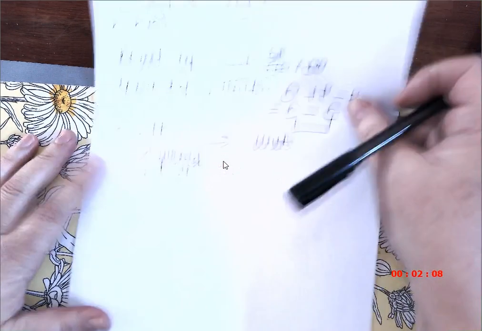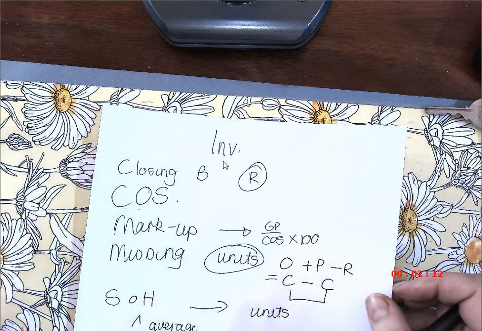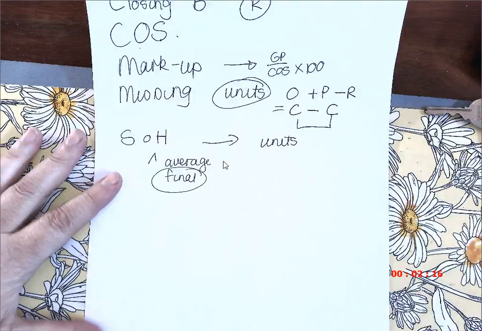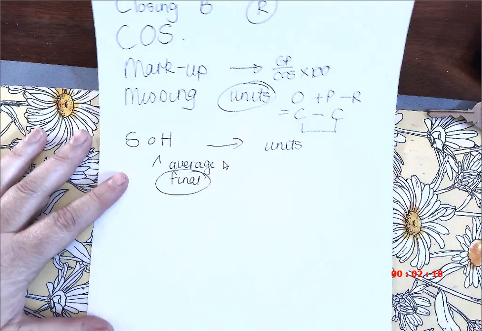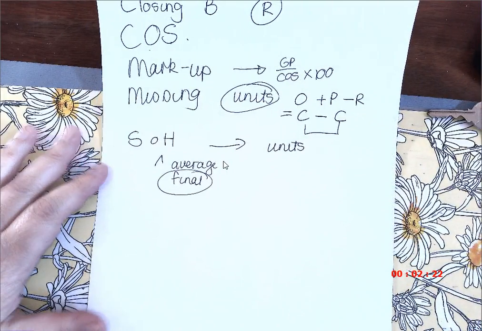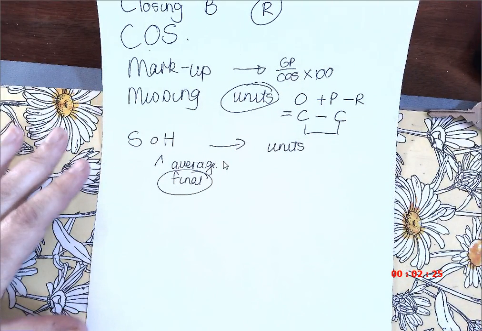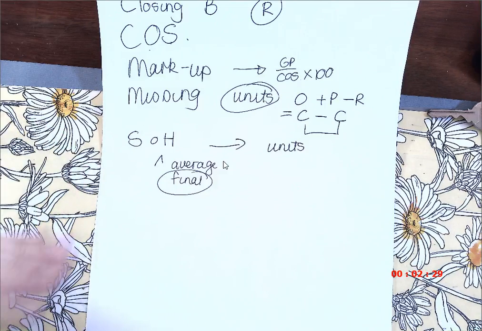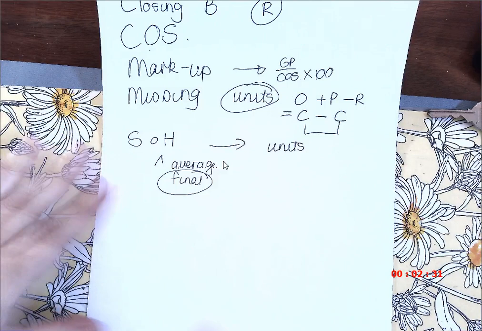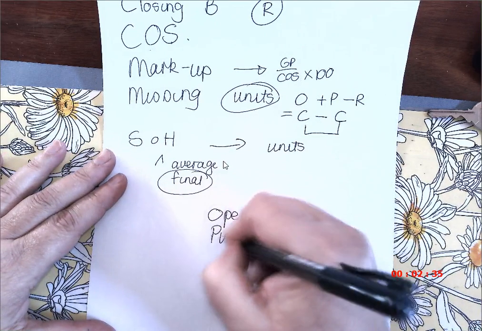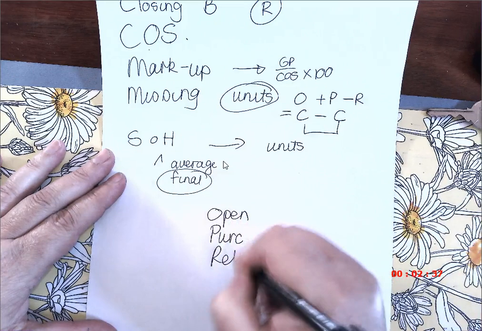Now, if I go look at my periodic system, do you remember basically your ratio, oh, can you see we must not take breaks because then my brain breaks down. The formula that you always have to keep in mind is you must have your opening, your purchases, your returns.